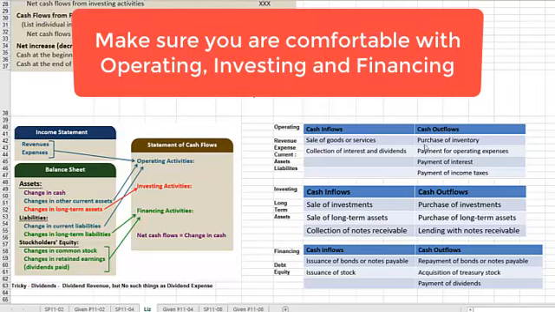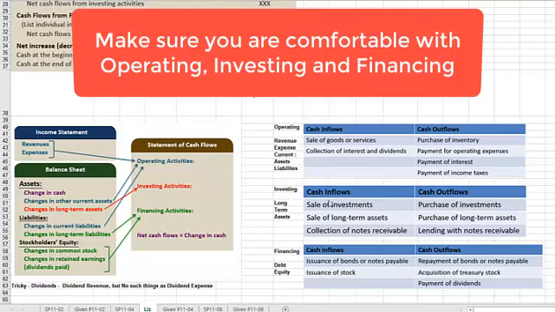Cash outflows will be purchase of inventory, payment for operating expenses, payment of interest, which would be interest expense, which is on the income statement, and payment of income taxes, which is income tax expense, also on the income statement. Summarizing them again, we see that this is going to cover revenues, expenses, current assets, and current liabilities.